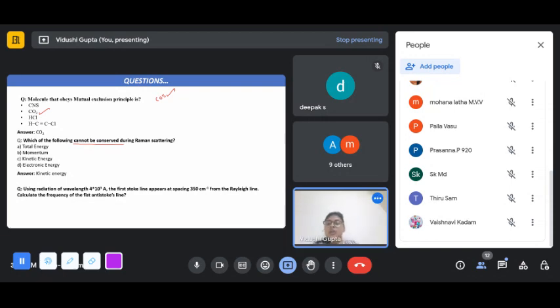Next question. Can you say how kinetic energy can be conserved in Raman scattering? Raman scattering is elastic or inelastic? Inelastic, right?